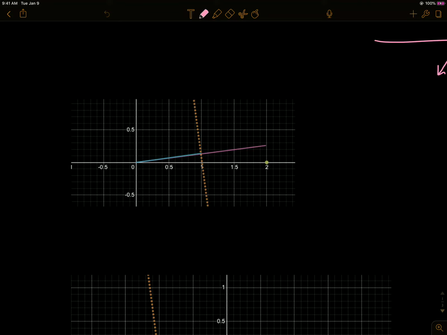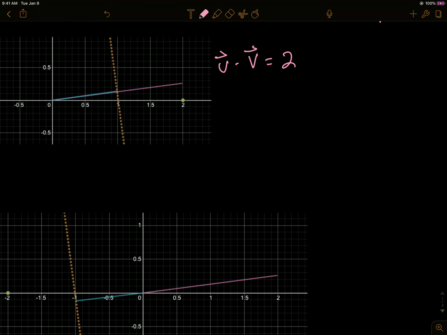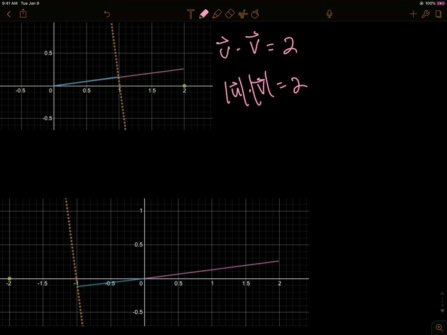We notice that when the vectors go in the same direction, if I call these vectors v and u, the dot product equals 2. We also notice that if I multiply the magnitudes of these guys, I get the answer of 2. So if they go in the same direction, the dot product is 2.